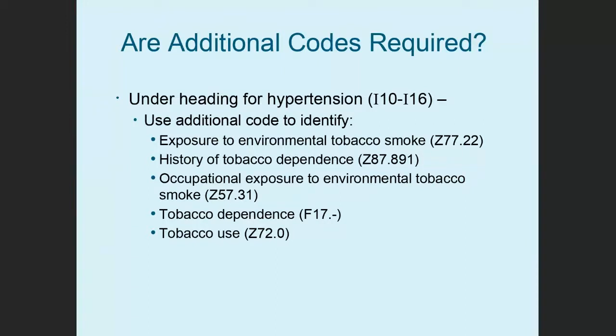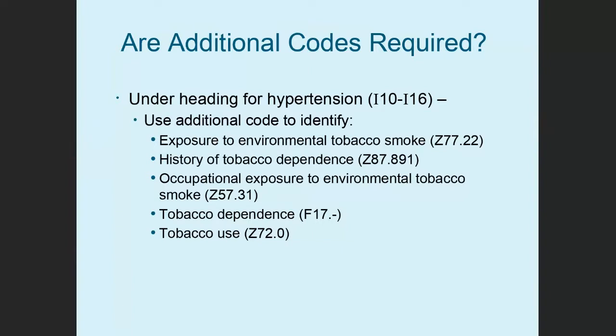We discussed a lot of different codes that say use additional codes, particularly under the heart disease and kidney disease codes. But under the heading for hypertension, which reaches I10 to I16, there's another important use additional code note. These are all risk factors for hypertension.